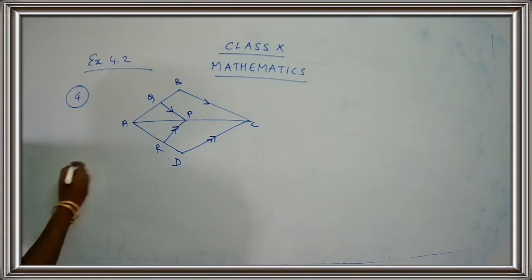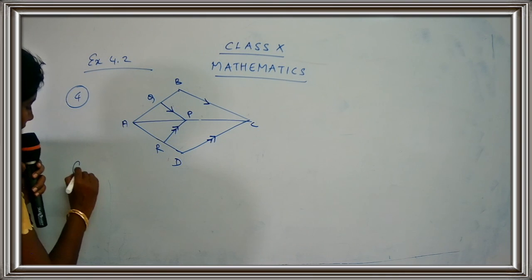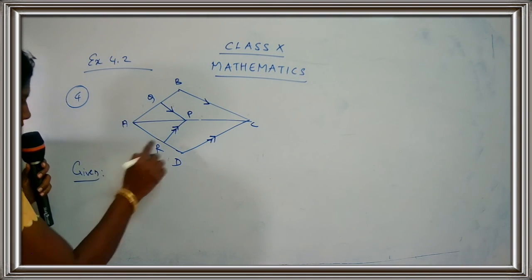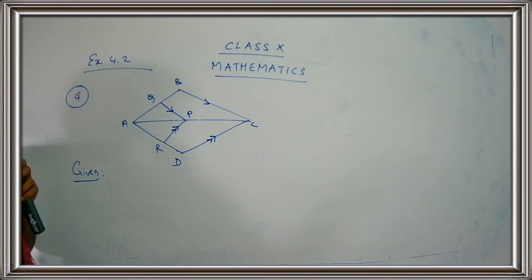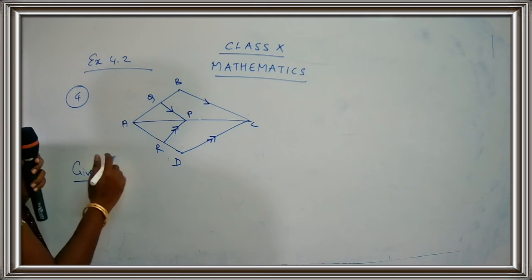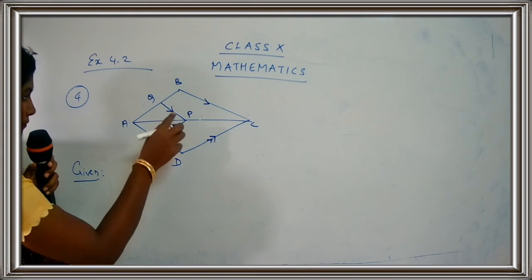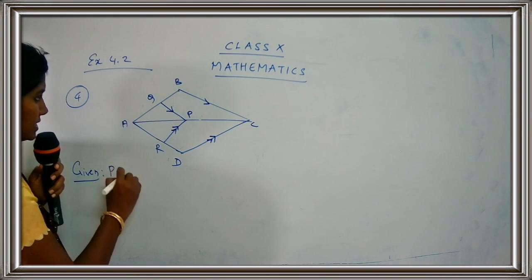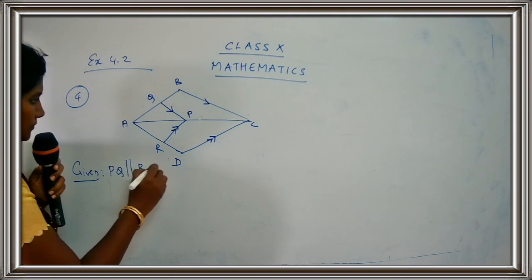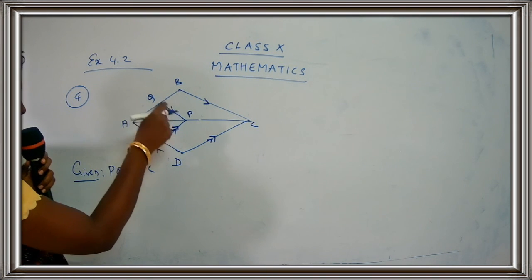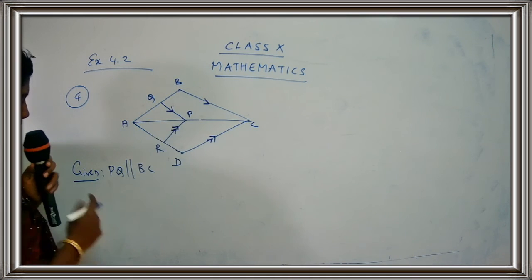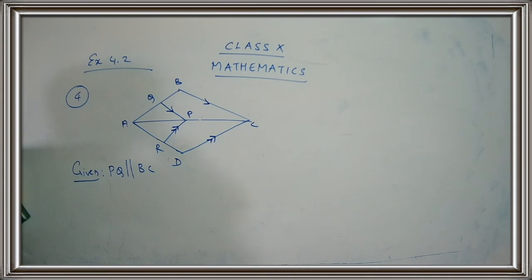So write down here, given. I am just going to consider one part at a time, okay children? Given, PQ is parallel to BC.